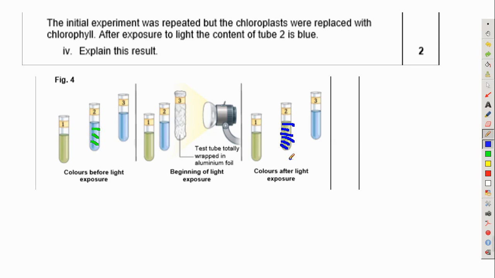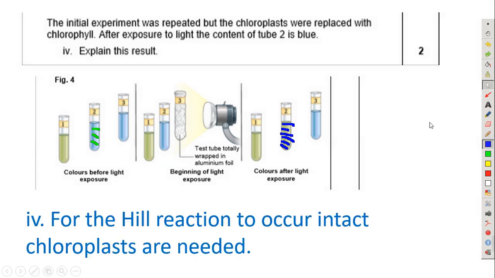So the chloroplast has to be intact for these electrons to be available. So this is the answer: for the Hill reaction to occur, intact chloroplasts are needed. We'll give a little bit more detail on this question a little bit later, because we need to see a few things inside the thylakoid. We'll give more information about this question later.